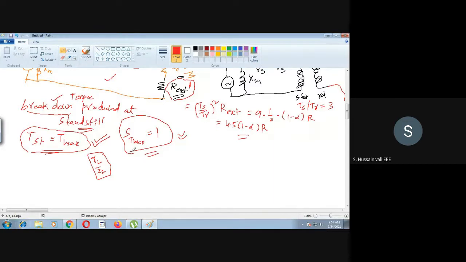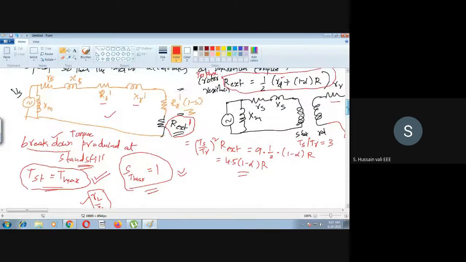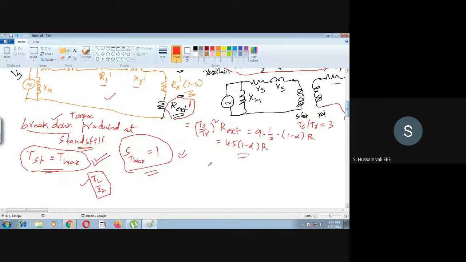Then I will write one equation here, which you have already got somewhere else. This is when you refer towards the rotor, but when you take this equivalent circuit, I'm writing this. You can cross check yourself whether this equation is correct or not.